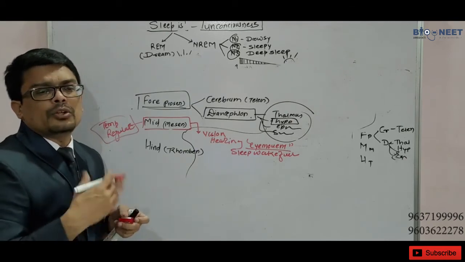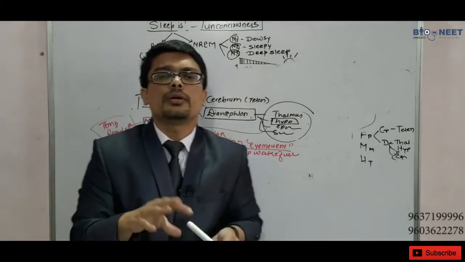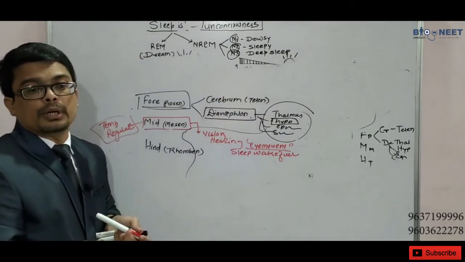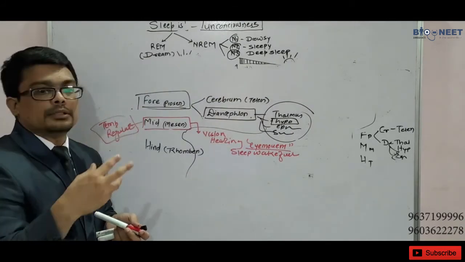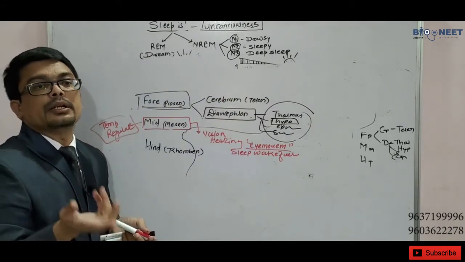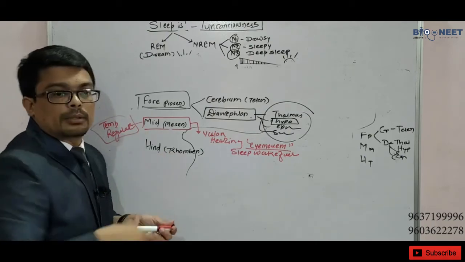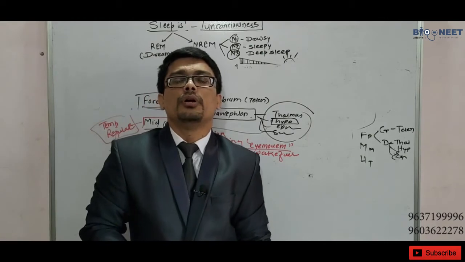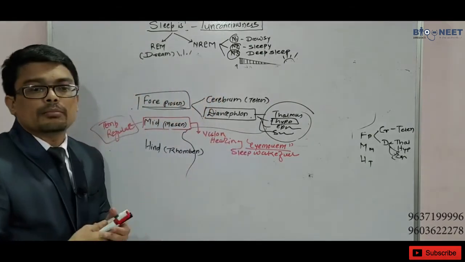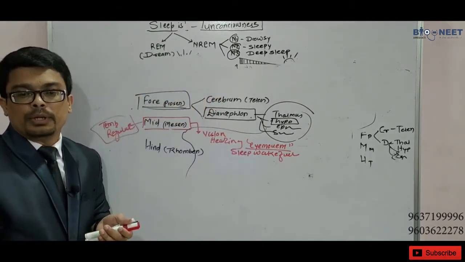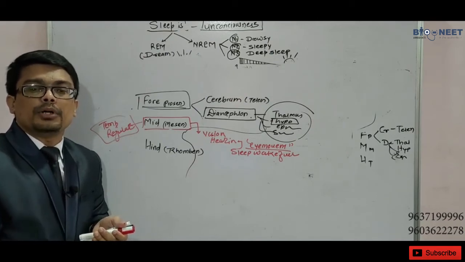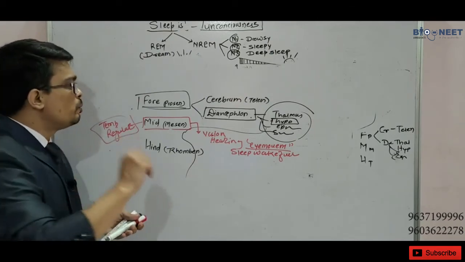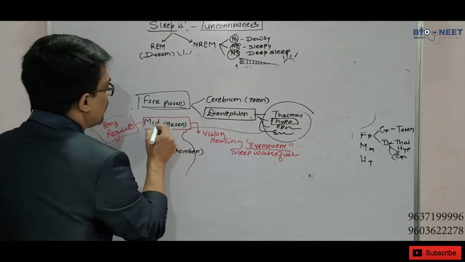So these are the functions of the midbrain, and you already know the parts of the midbrain: cerebral peduncle, corpora quadrigemina, and the cerebral aqueduct inside the midbrain. And there is one part which is called the tectum. What is basically the tectum? Tectum is the rear portion of the midbrain, formed by the superior and inferior colliculi.